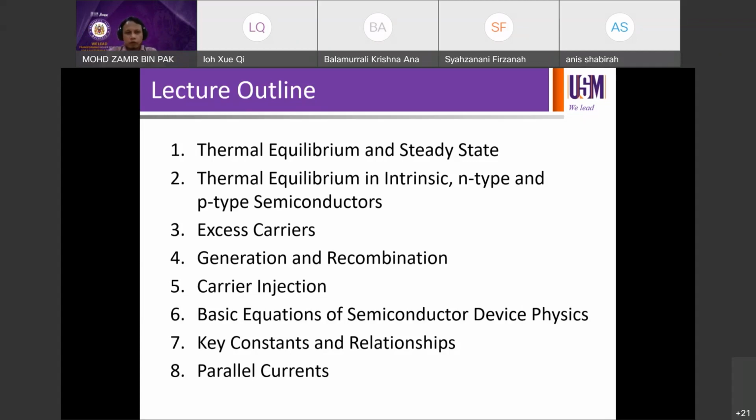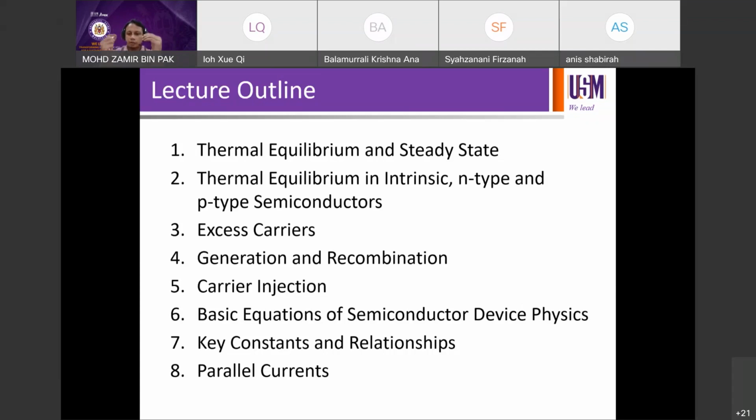So we're going to look into thermal equilibrium and steady state concepts, and we're going to look at thermal equilibrium in intrinsic semiconductor, in n-type semiconductor, in p-type semiconductor, and excess carriers. How do we generate excess carriers? Which means the carriers that you are going to introduce on top of your thermal equilibrium carriers, right?